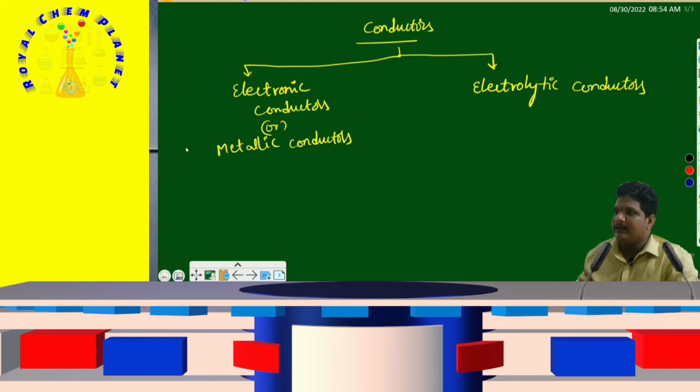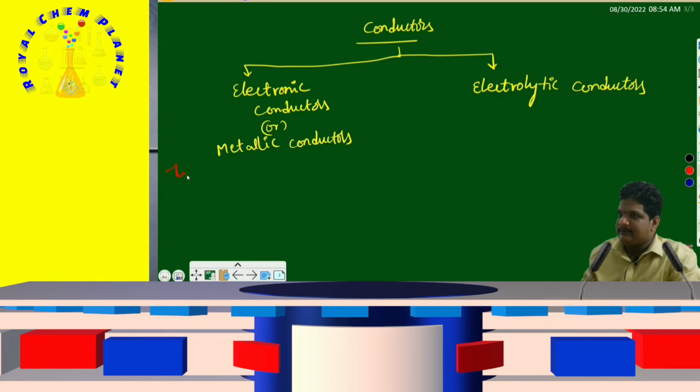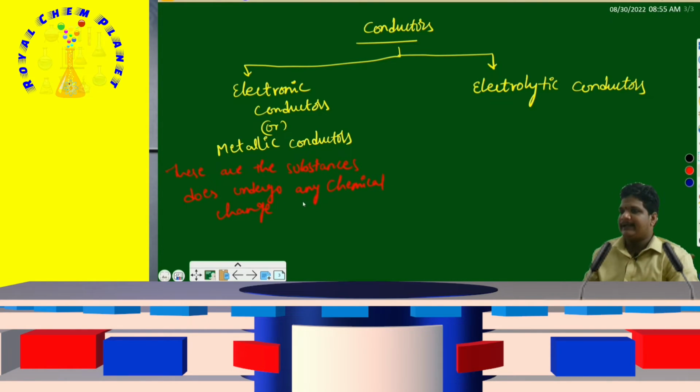In the case of electronic conductors, these are the substances which do not undergo any chemical change during passage of electric current.